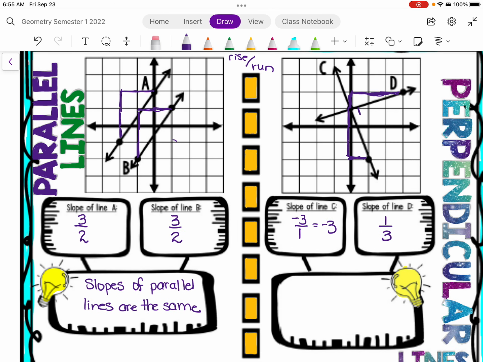So in our box here, we're going to put slopes of perpendicular lines are negative reciprocals of each other.